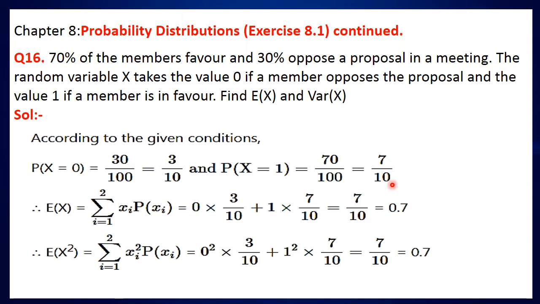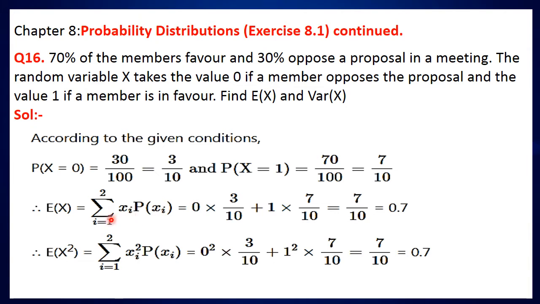Now expectation of x is obtained by the formula sigma i is equal to 1 to 2, that is x1 and x2, two values are there. So sigma xi into pi, where i is 1 to 2.